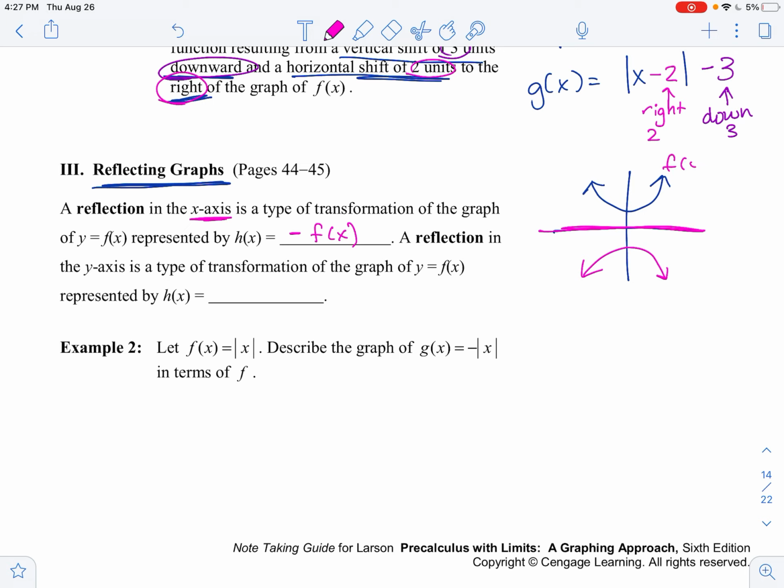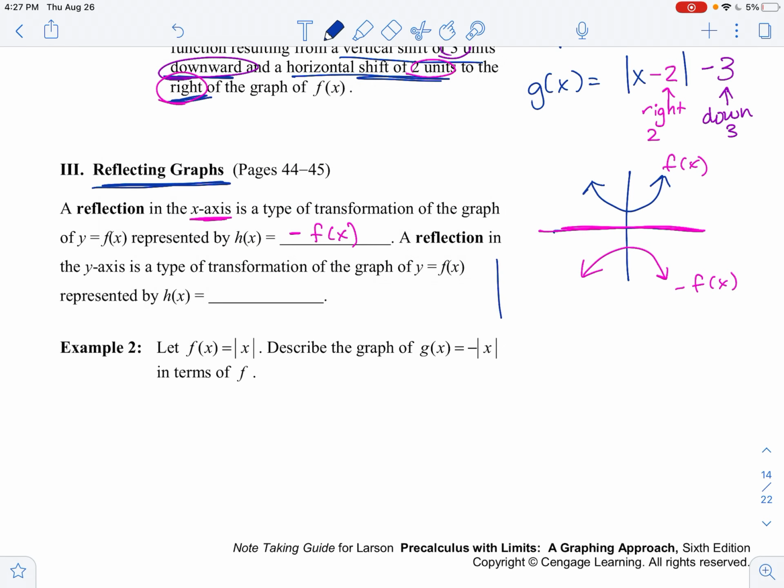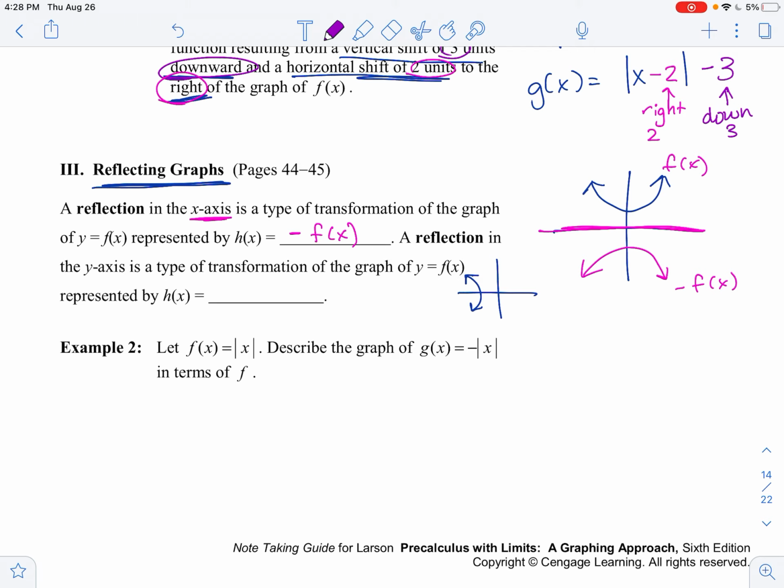So if this is f of x, this is negative f of x. And for the y-axis, if I've got something that looks like this, and that's f of x, then h of x is going to be f of negative x. So if it's flipped over the y-axis, it looks like this, and if this is f of x, this is f of negative x, okay?